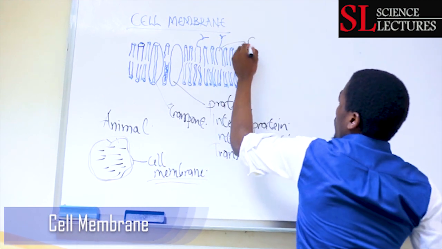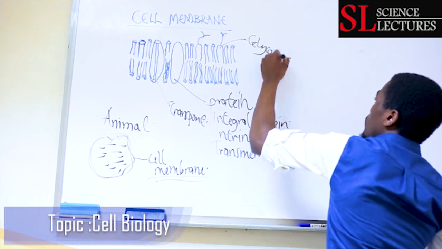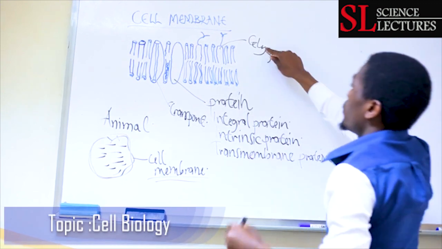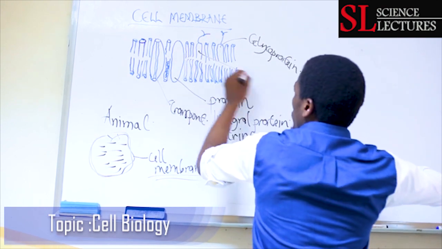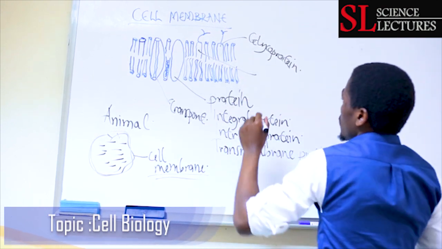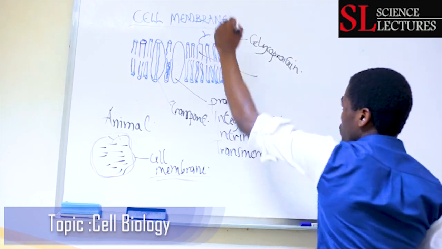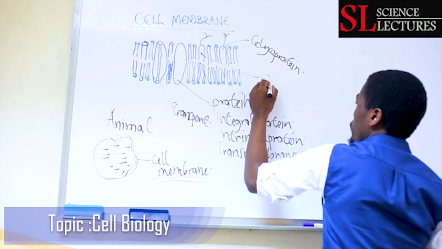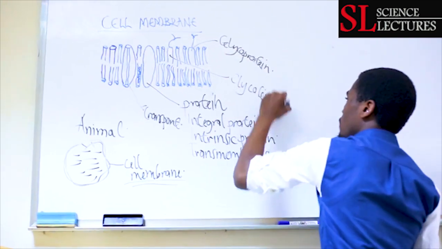Then we have our glycoprotein, a protein having a carbohydrate attached to it. Then we can have a lipid attached to a carbohydrate, which we refer to as a glycolipid.